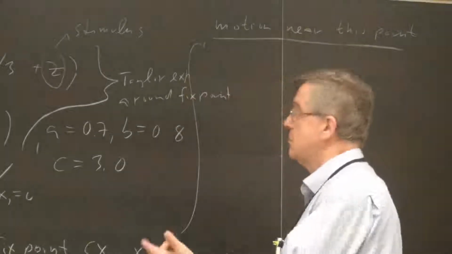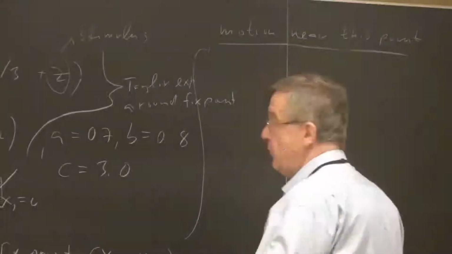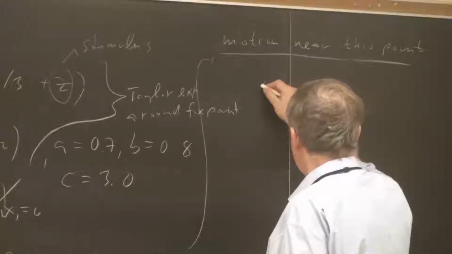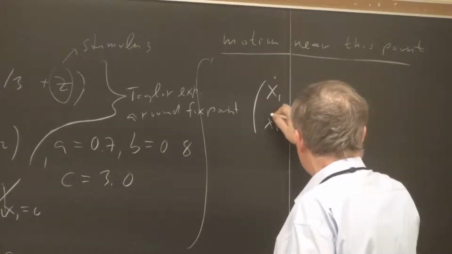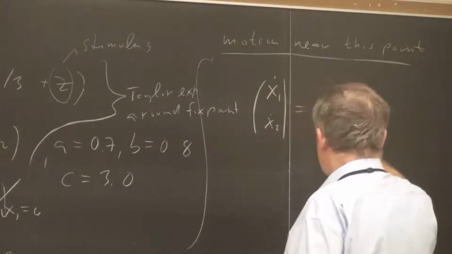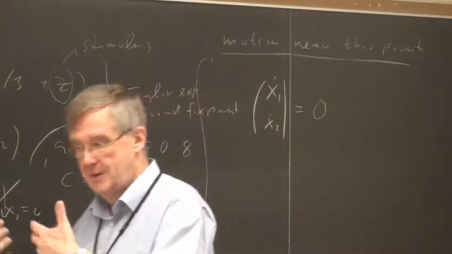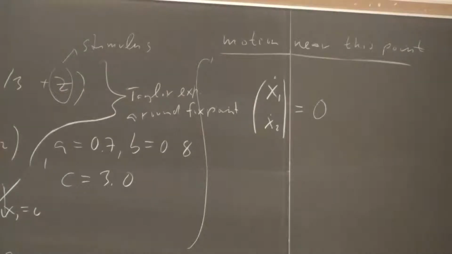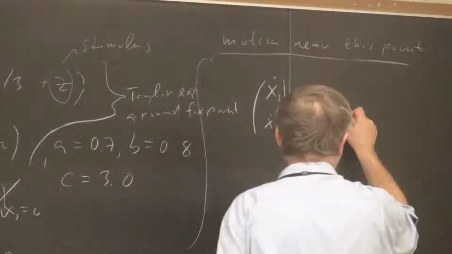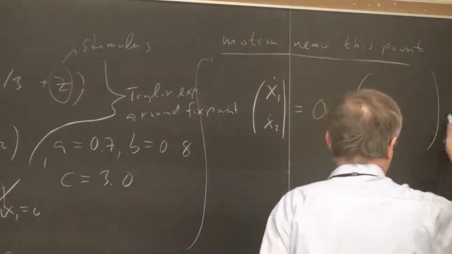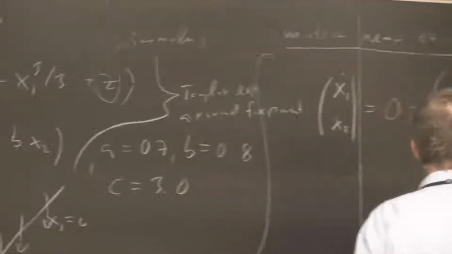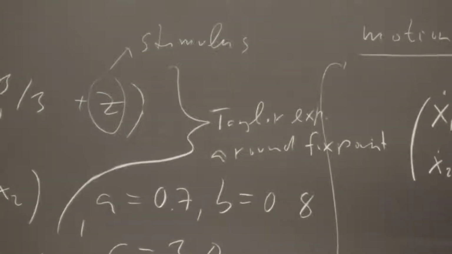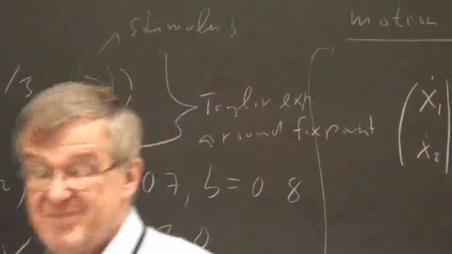So we just expand it, and if you do this, you can convince yourself that you're getting x1 dot, x2 dot is equal to, you're getting a 0 from the forces at the fixed point, there's nothing, and now you're getting linear forces from the Taylor expansion that go with delta x1 and delta x2.